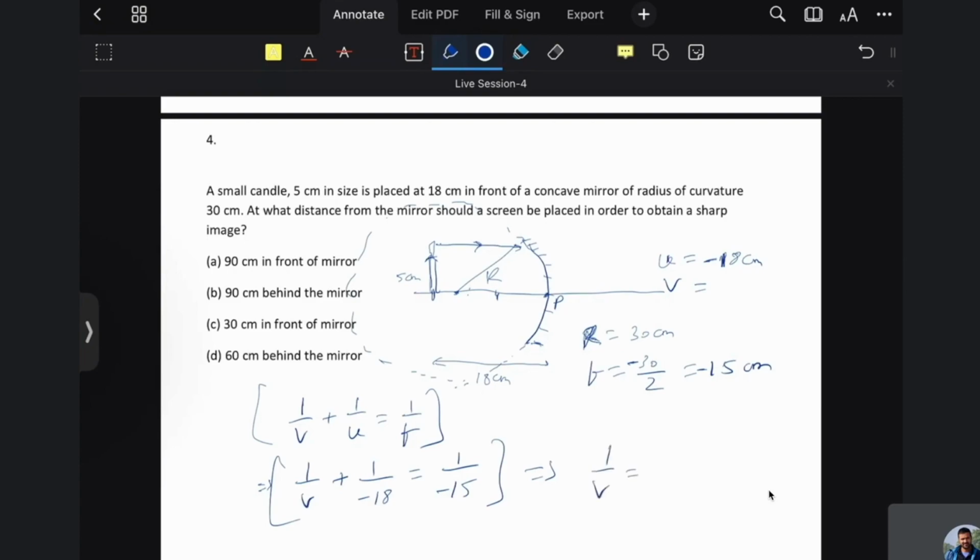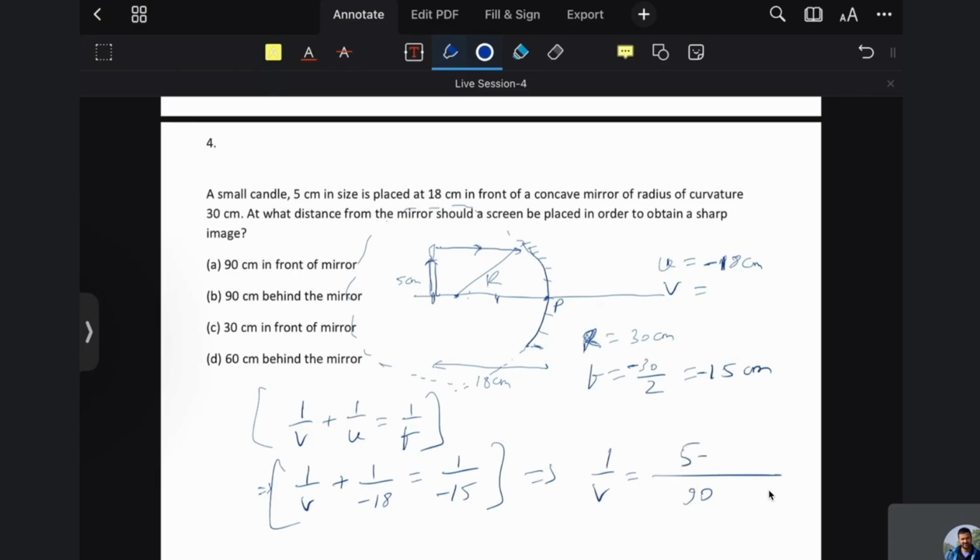1 by V is equal to 5 minus 6 over 90. V is simply minus 90 centimeter. So that means the image will be formed at 90 centimeters, somewhere here, and it will be real and inverted.